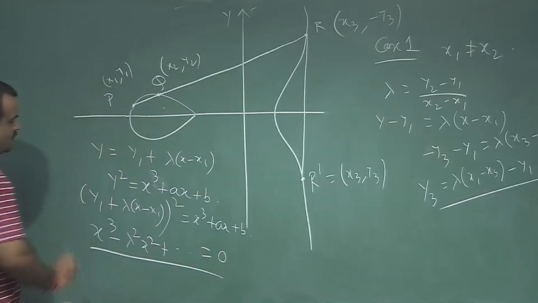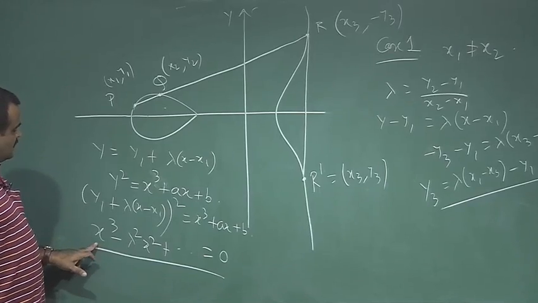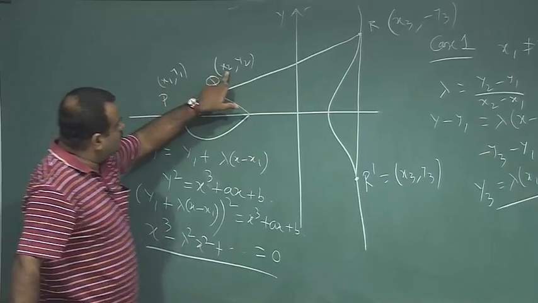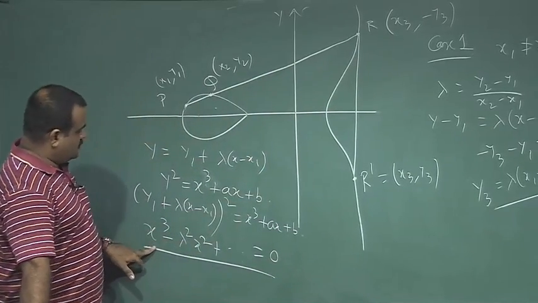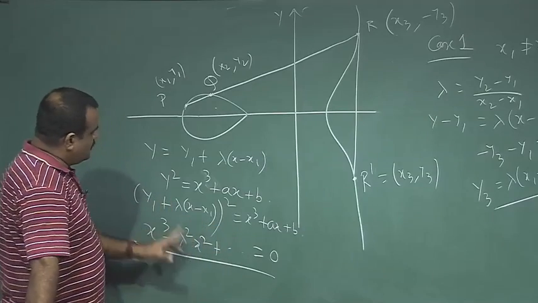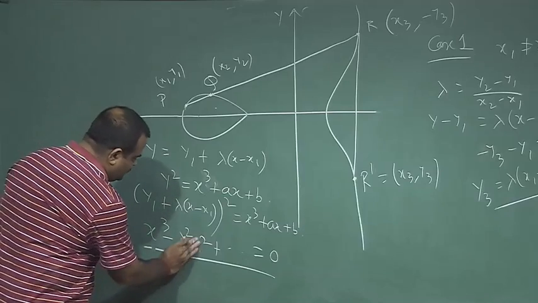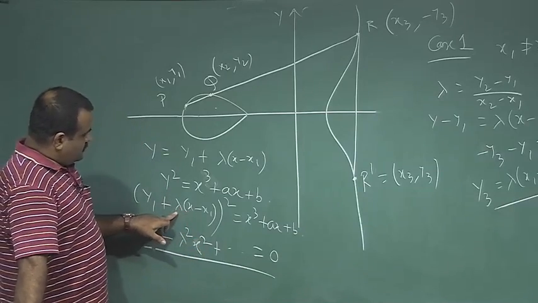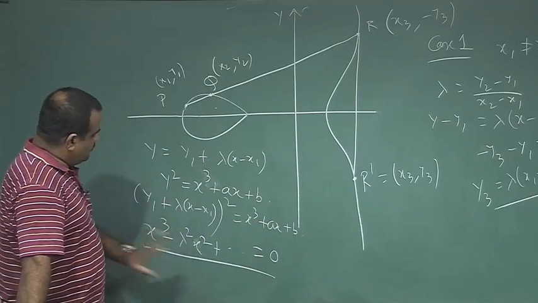So this is a cubic equation in x. So it basically has 3 roots, and these roots are basically one is x1, another one is x2, another one is x3. These are the roots of this cubic equation. If we simplify this, we will get the other lower order terms. There is no x square over here, so if you take this side, it will be minus lambda square x square.